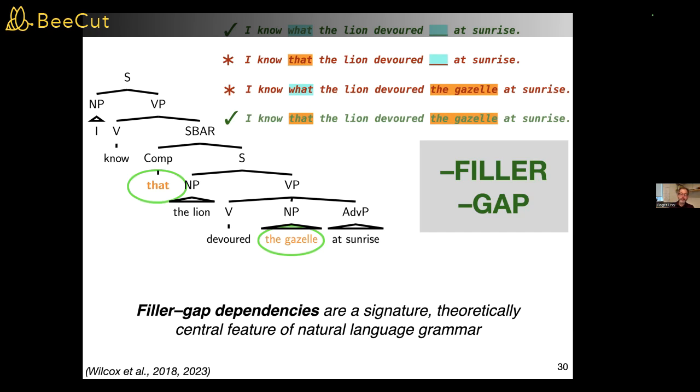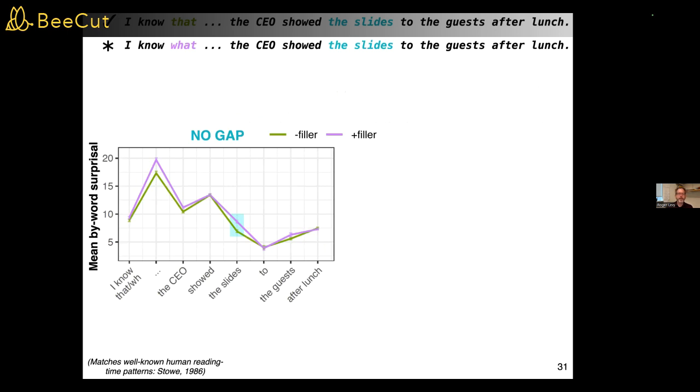Okay, from a theoretical point of view in linguistic theory, there is a signature central feature of natural language grammar. So let me just give you an example using a different pair, but it's the same configuration of the word by word surprisal profiles of these kinds of sentences.